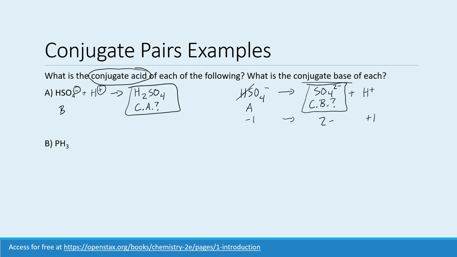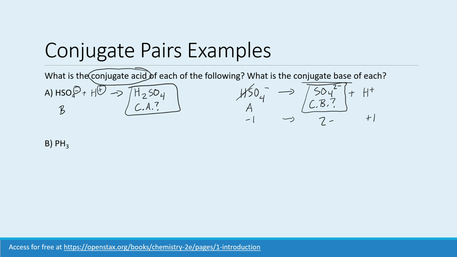Okay, so again, if something is acting as a base and you're forming the conjugate acid, then you add a hydrogen to it and you increase the charge by 1. If something is acting as an acid and you're asked to find the conjugate base, then you need to take away a hydrogen and reduce the charge by 1.